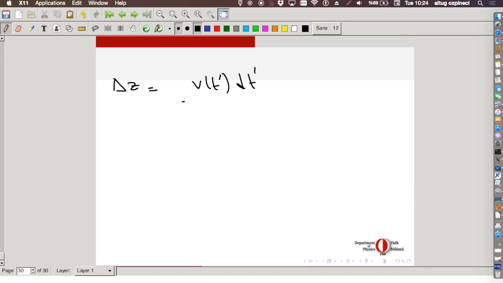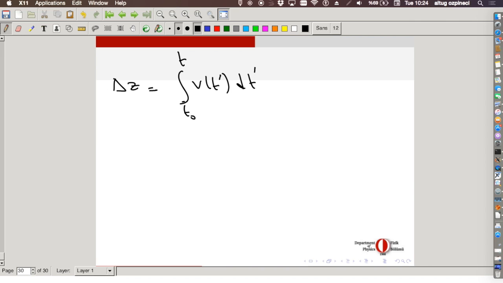So if you wait for a very short amount of time, dt prime, this will be the displacement in that time interval, whatever v of t prime is. Adding these all up, which is nothing but the integral, will give us the total displacement, from some initial time t0 up to some final time t.